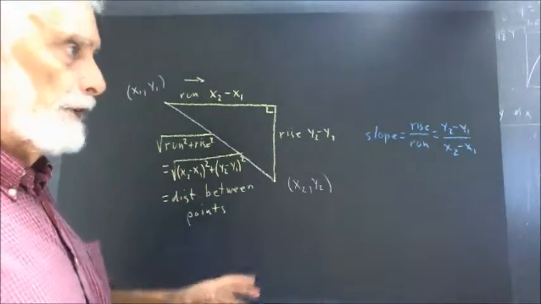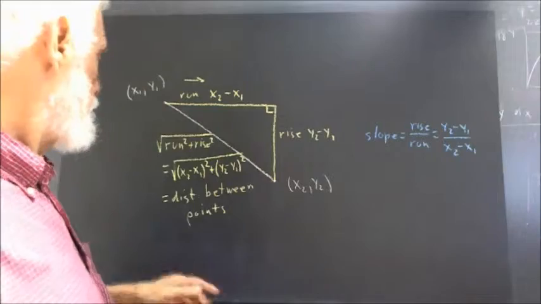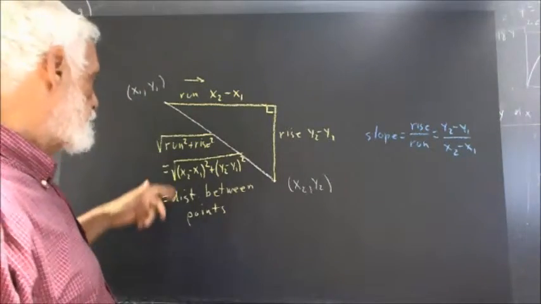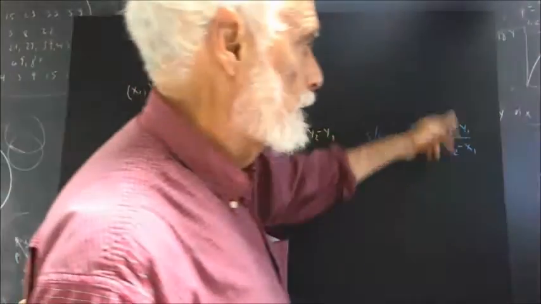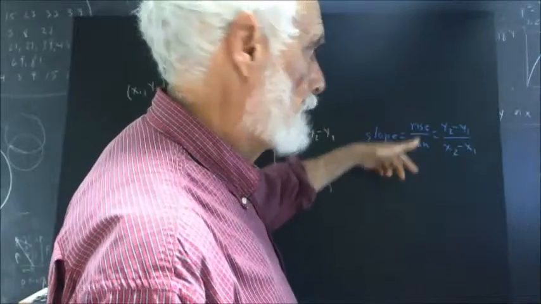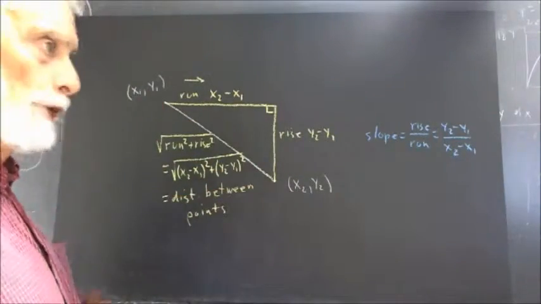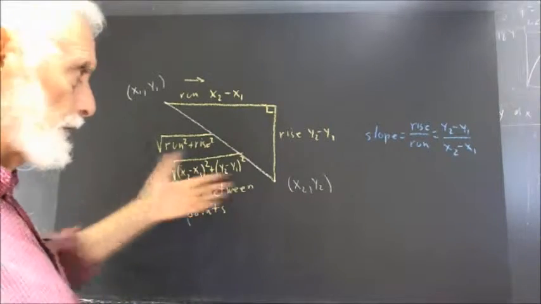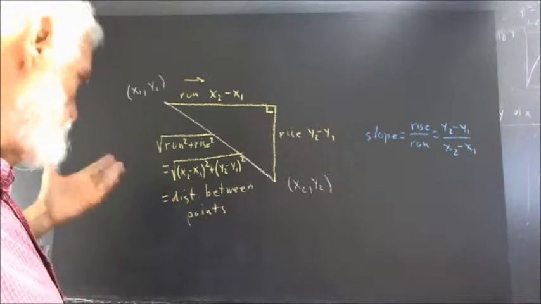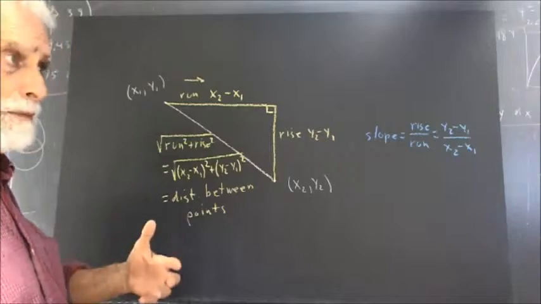Now, I don't advocate memorizing the formulas for the distance or the slope. Slope is rise over run. Distance is the hypotenuse of a right triangle. Those are very fundamental ideas. The formulas come and go. Okay?